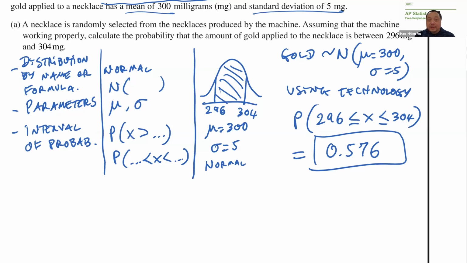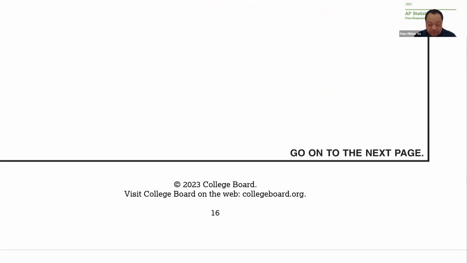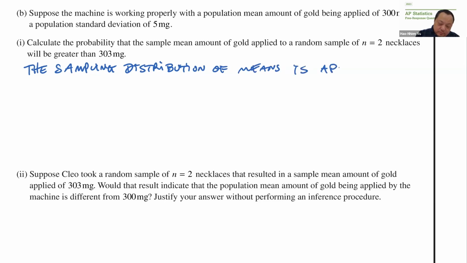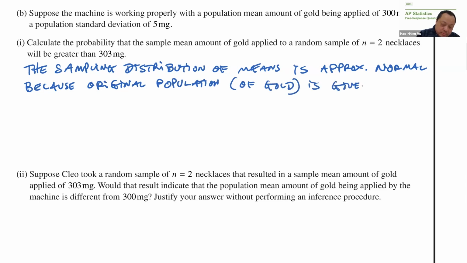But before we do that, we have to justify using the central limit theorem and applying normal. So let's do that first. The sampling distribution of means is approximately normal because the original distribution is given as approximately normal, by the central limit theorem.